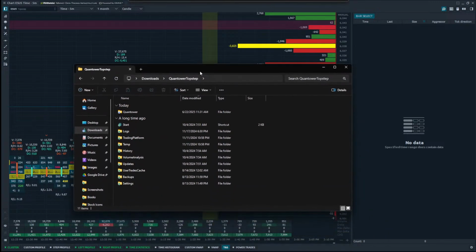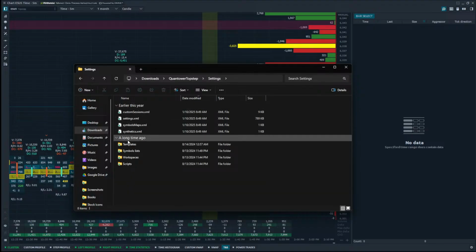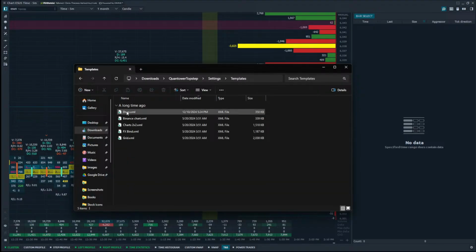For me, it's downloads, Quantower Top Step, you'll go to settings, and then into templates, and you'll literally just drag and drop this into there. Once you've done that, then you would open up Quantower. If you drag it there after you've opened Quantower, it won't show up as a template until you restart Quantower.